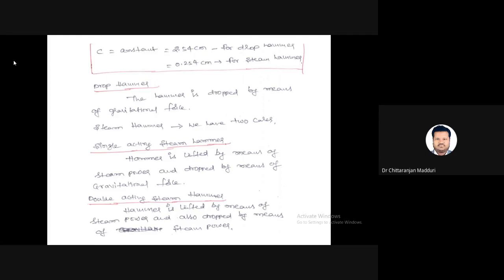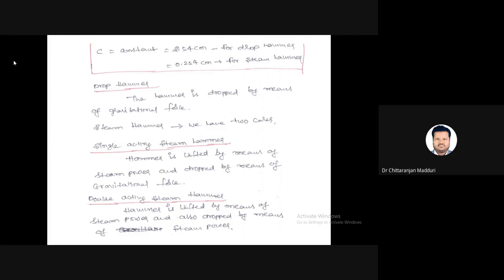Drop hammer means the hammer is dropped by means of gravitational force. The drop hammer is lifted and allowed to fall on the pile by means of gravitational force. It is known as drop hammer. For steam hammer, we have two cases: single acting steam hammer and double acting steam hammer.